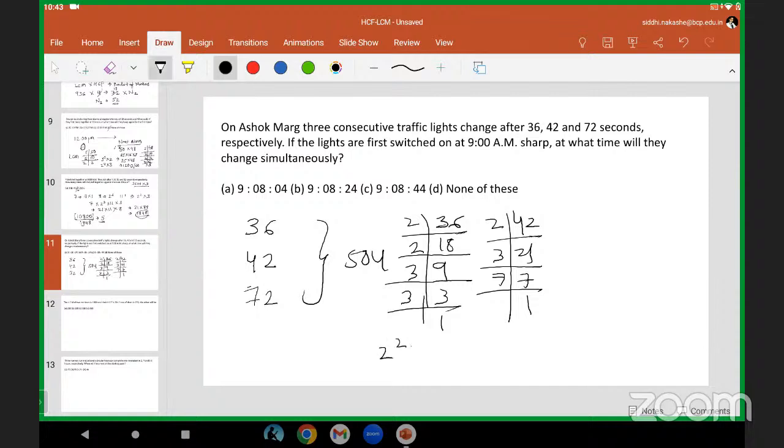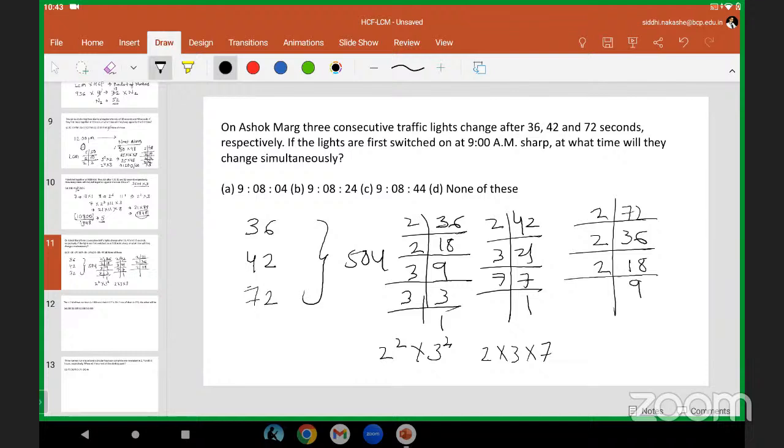That is 2 square into 3 square. And you have again 2 into 3 into 7. And similarly for 72, you will have 2 into 36, 2 into 18. So 2 nines are 18, that is 3 square. So that is 2 cube into 3 square.